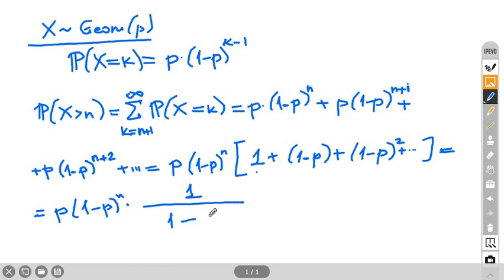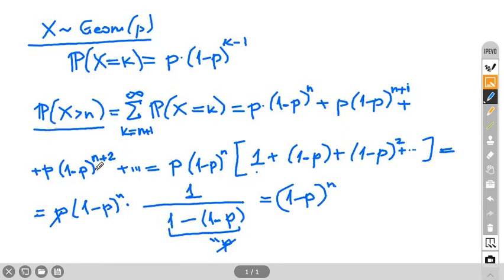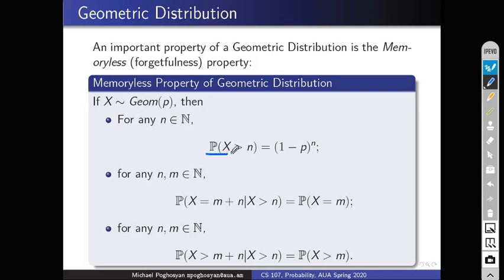So the ratio is 1 minus p, and 1 minus (1 minus p) gives p. We cancel this p with that, and we will be left with (1 minus p) to the n. This was the calculation of the probability that x is larger than n. This is the first part of that property. Let's move back. So we have proved this.